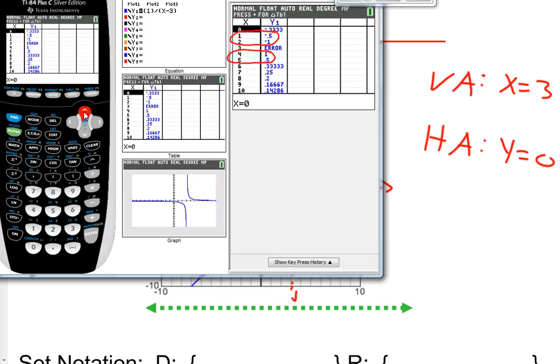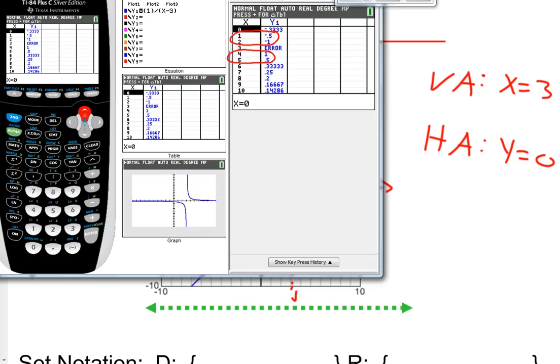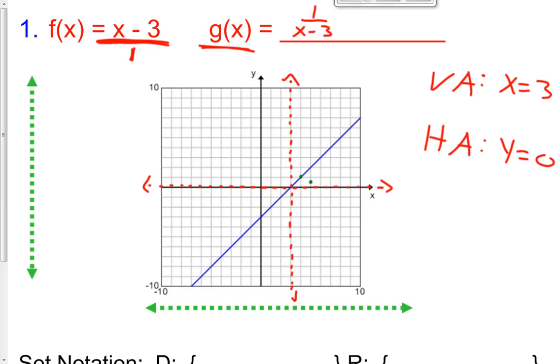4, 1, 5, 0.5, and then the other 2 are 2, negative 1, and 1, negative 0.5.